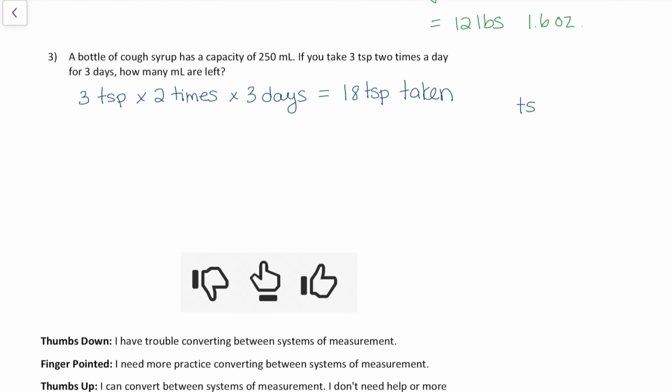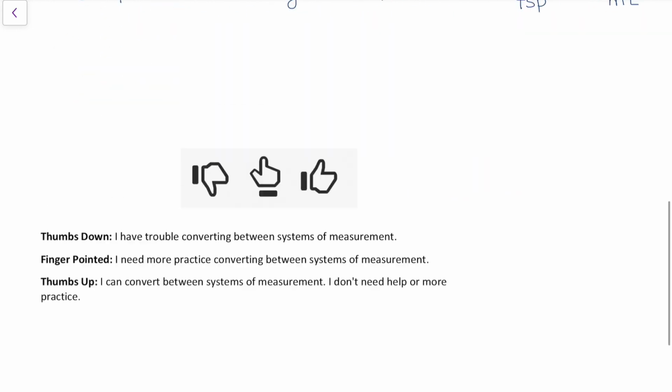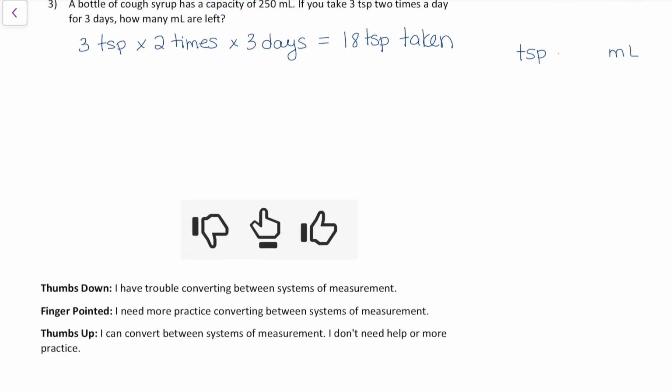So I need to go from teaspoons to milliliters. Let's see if we have a bridge that's going to help us. Yes, 1 teaspoon is 5 milliliters. So I'm going to take 18 teaspoons and multiply that by my conversion with teaspoons on the bottom.